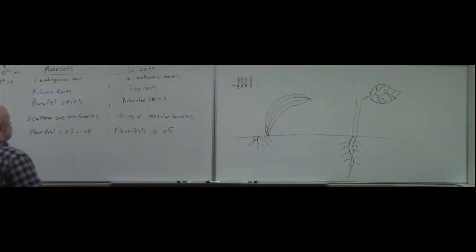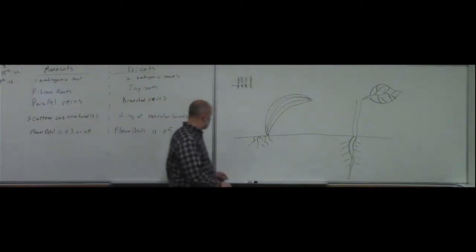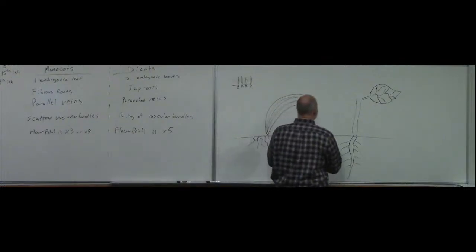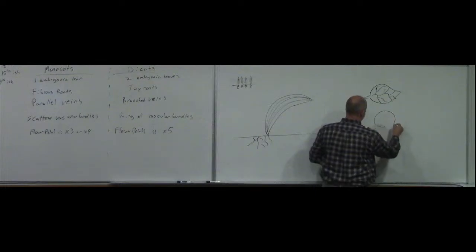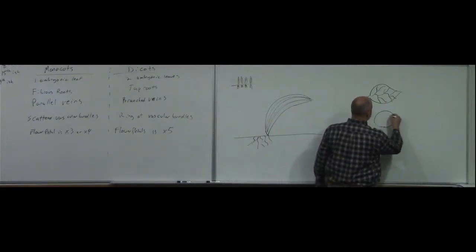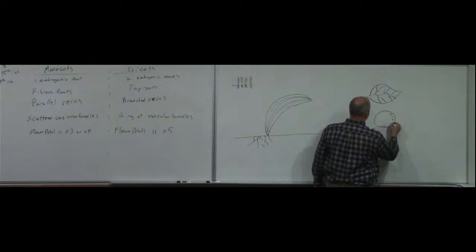So if we were to do a cross section of a stem, okay? So this part here, and we're going to do a cross section. What you'd find is vascular bundles arranged in rings.